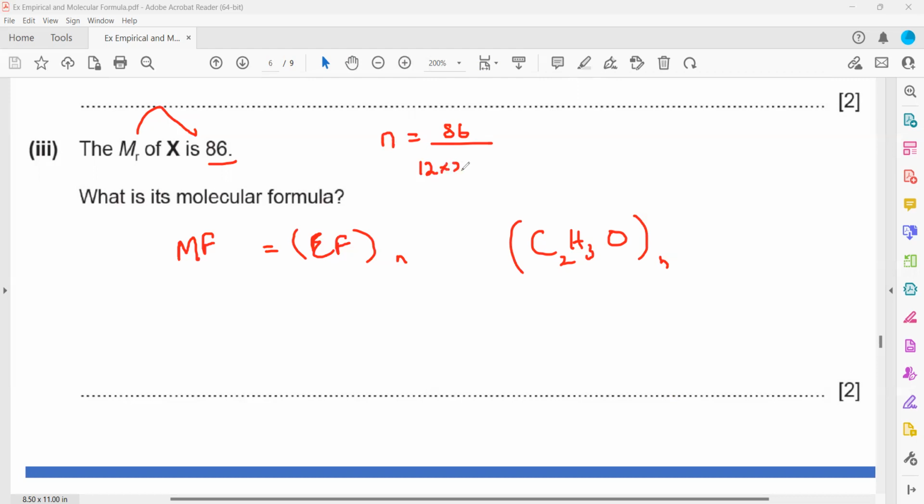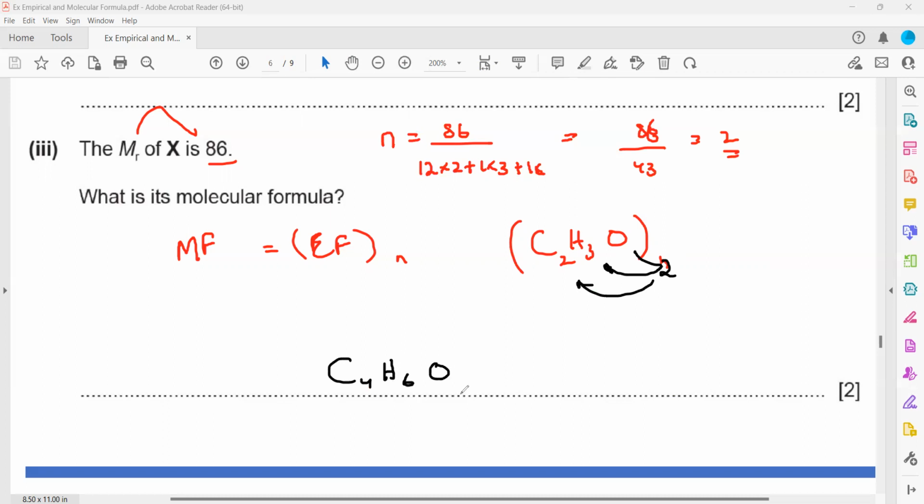So carbon is 12 multiplied by 2 plus hydrogen is 1 into 3 plus oxygen is 16. So this will be 24 plus 3, 27 plus 16, so 43. So 86 divided by 43, N is equal to 2. N should always be a whole number. So the value of N is equal to 2 here. This 2 will be multiplied with all of them. So this will become C4H6O2. So C4H6O2 is the molecular formula.